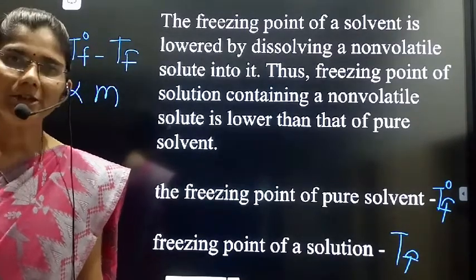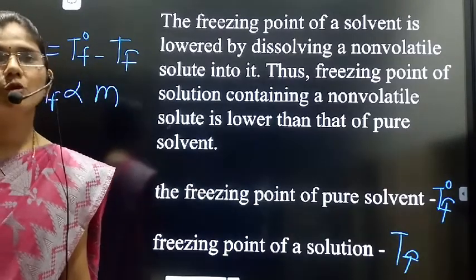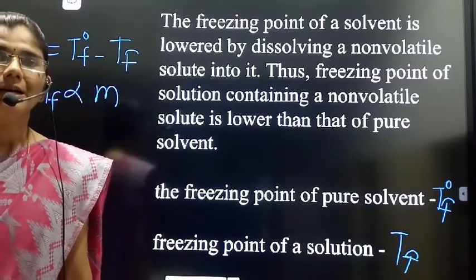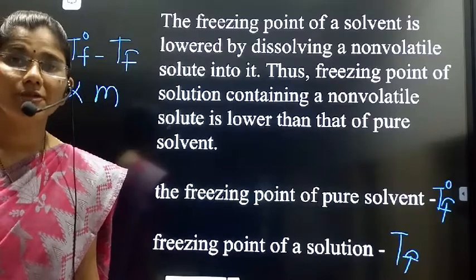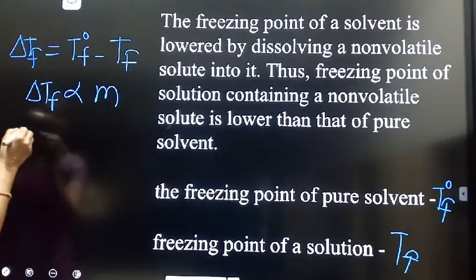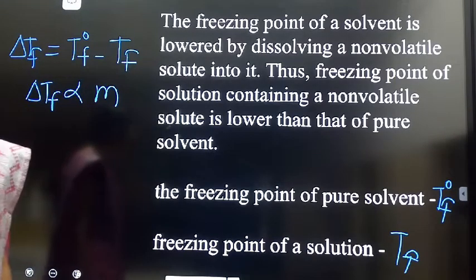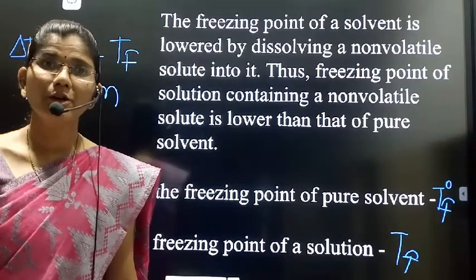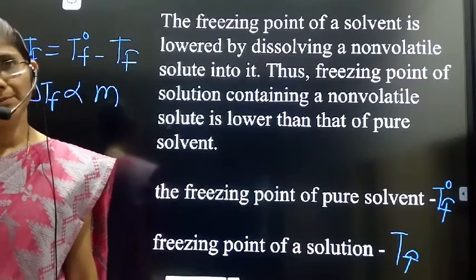The molality of the solution is defined as the number of moles of solute present in 1 kilogram mass of the solvent. That means m is equal to n2 divided by W1, 1 for solvent, W for weight, in the unit kilogram.